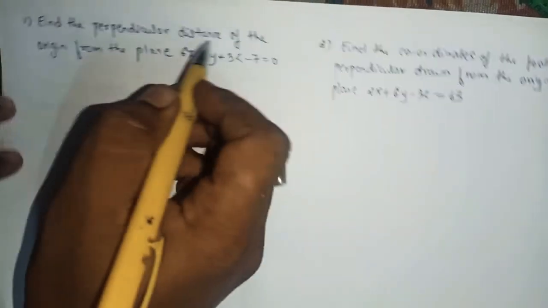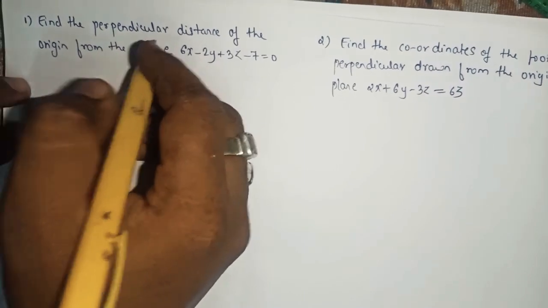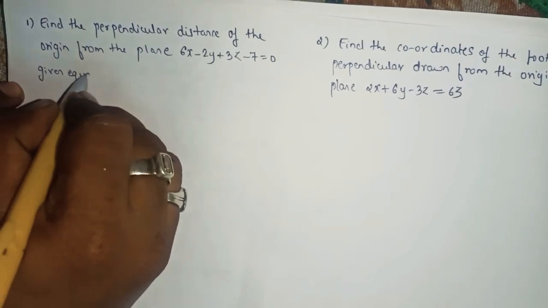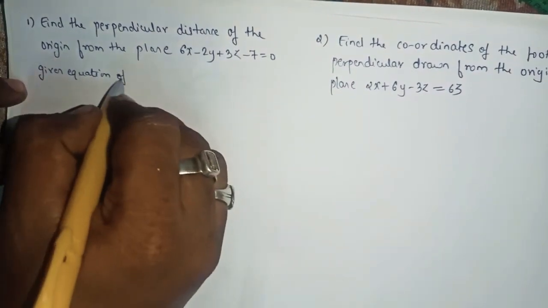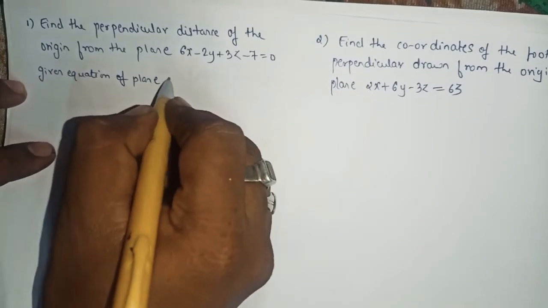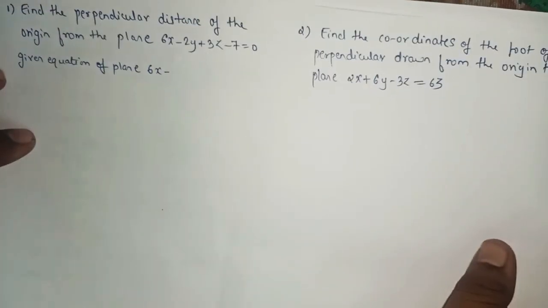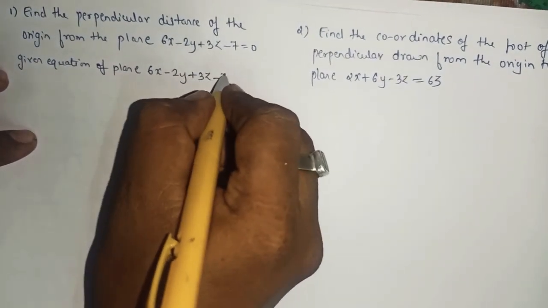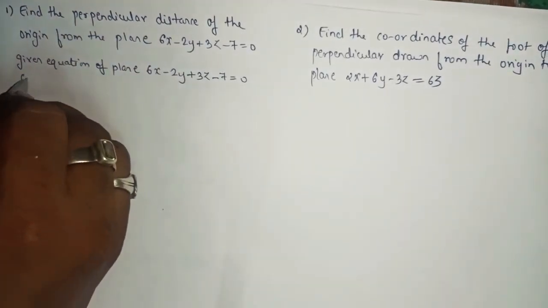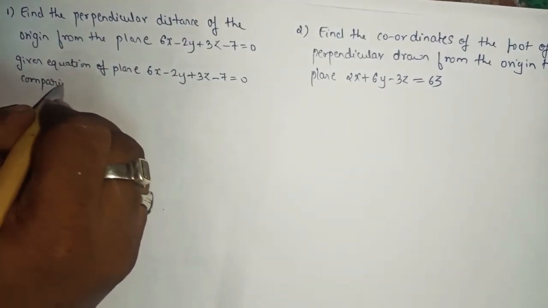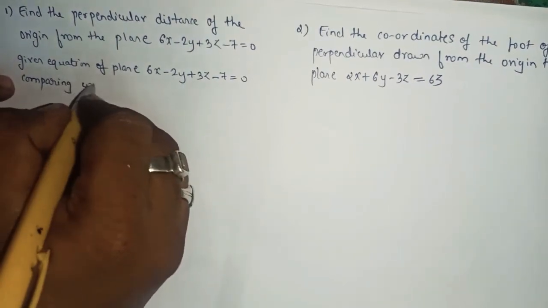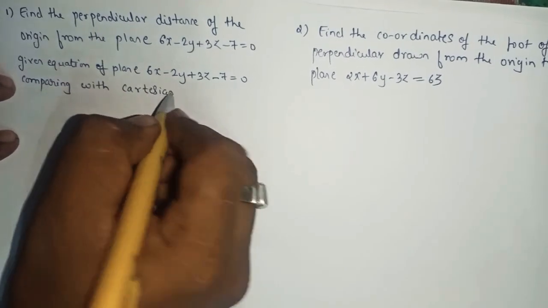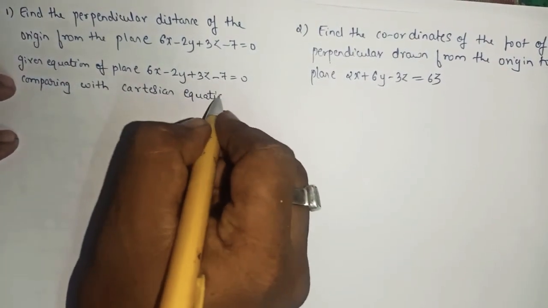To find the perpendicular distance of the origin from the plane, first we'll write the given equation of plane: 6x minus 2y plus 3z minus 7 equals 0, comparing with the Cartesian equation.